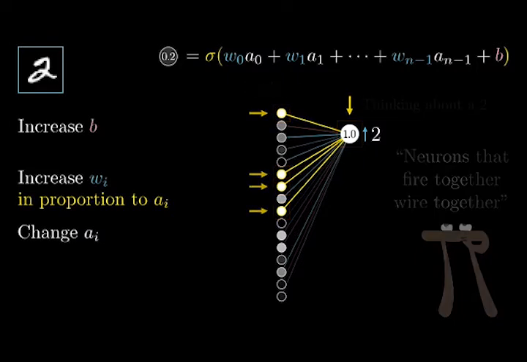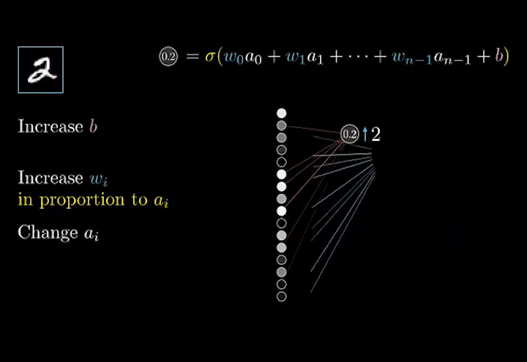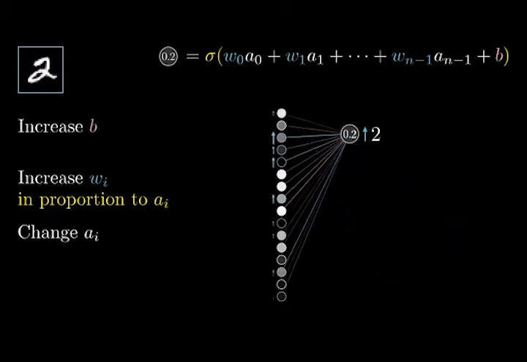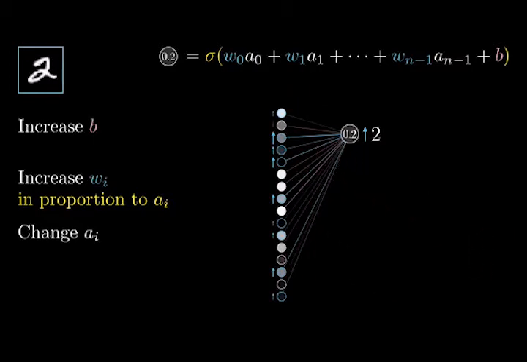Anyway, the third way that we can help increase this neuron's activation is by changing all the activations in the previous layer. Namely, if everything connected to that digit 2 neuron with a positive weight got brighter, and if everything connected with a negative weight got dimmer, then that digit 2 neuron would become more active.